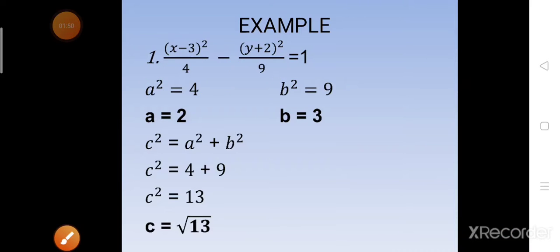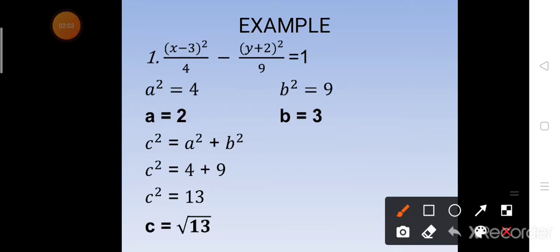In our solution, we need to find the value of c to calculate parts such as the foci. By using the Pythagorean formula, c squared is equal to a squared plus b squared.